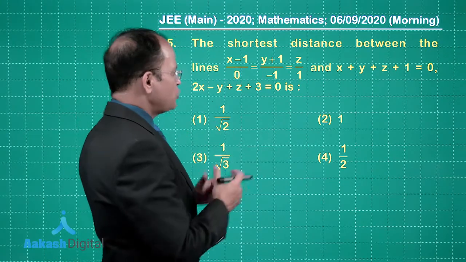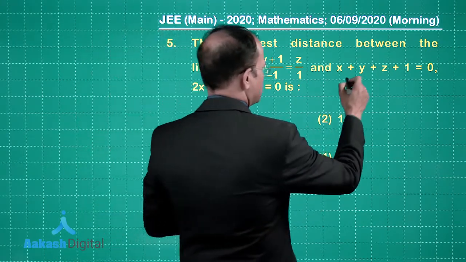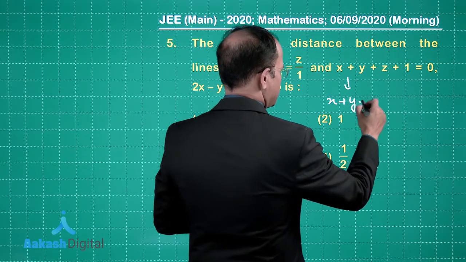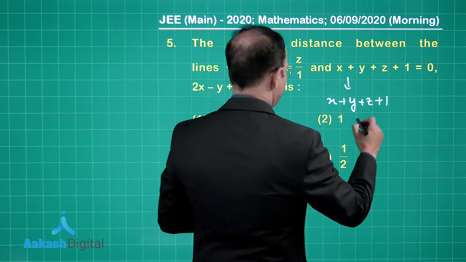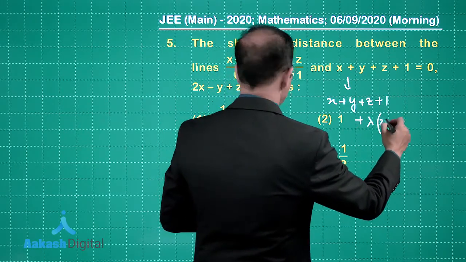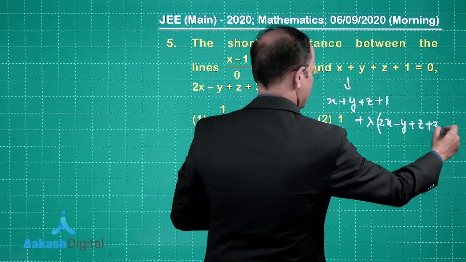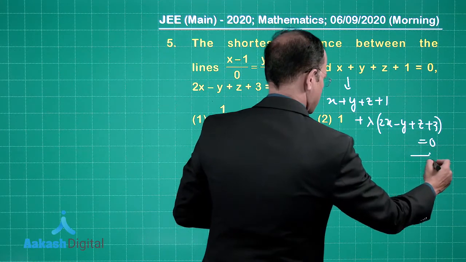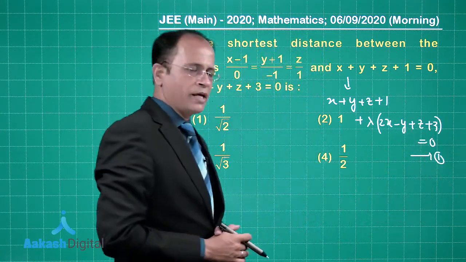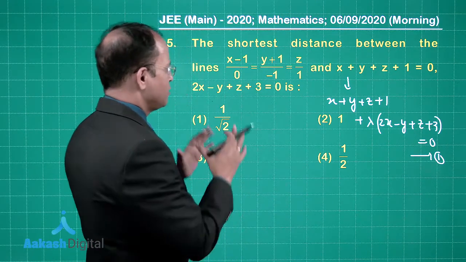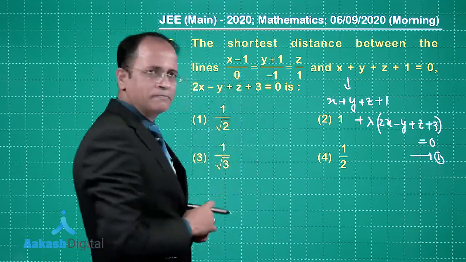Now when you talk about the intersection, we can write it in this way: x plus y plus z plus 1 plus lambda times (2x minus y plus z plus 3) is equal to 0. This is equation number 1. Fine. Now this plane is parallel to the given line.